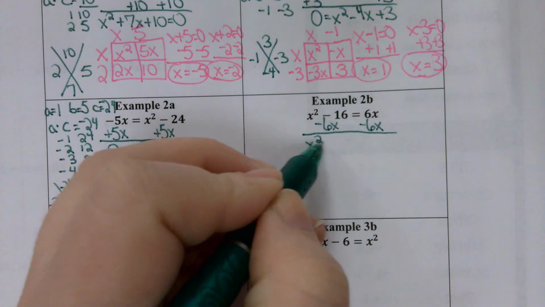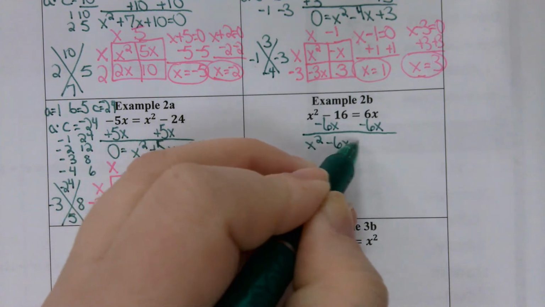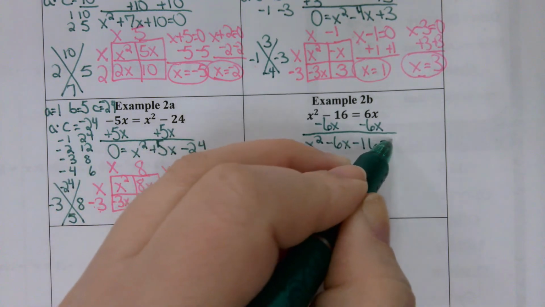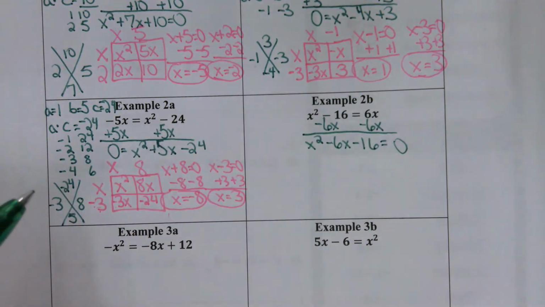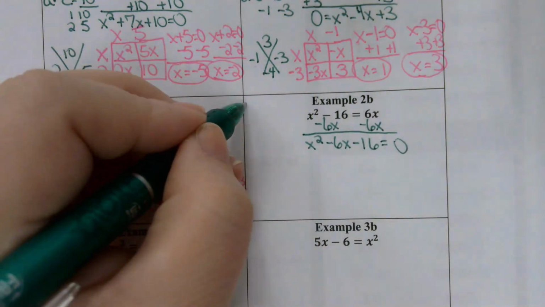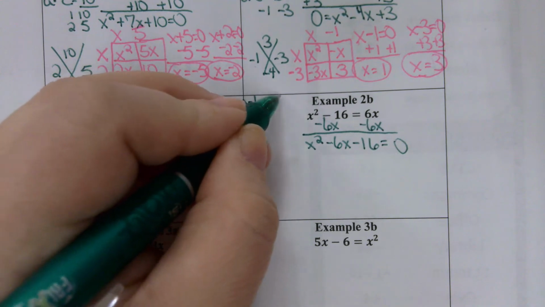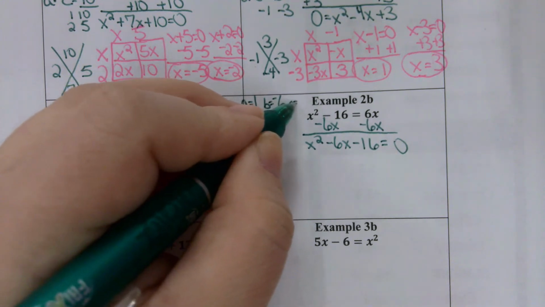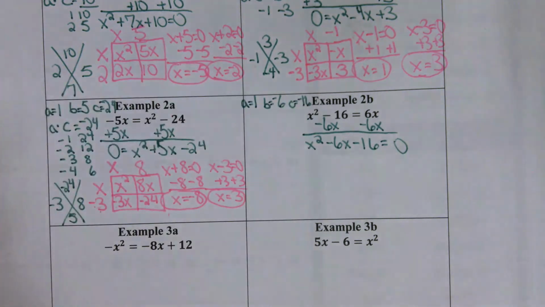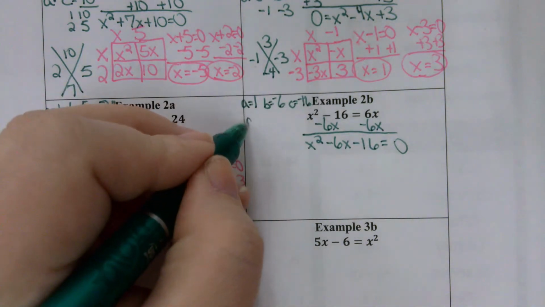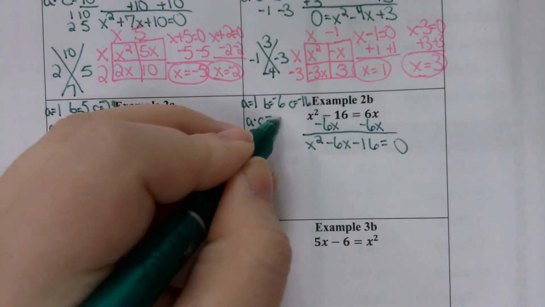So x squared minus 6x minus 16 equals 0. A is 1, B is negative 6, and C is negative 16. So A times C equals negative 16.